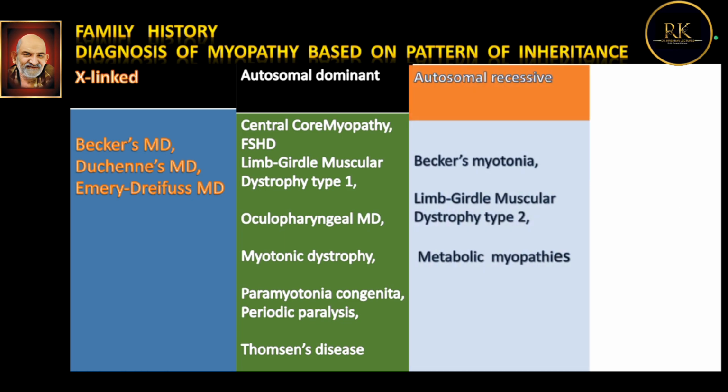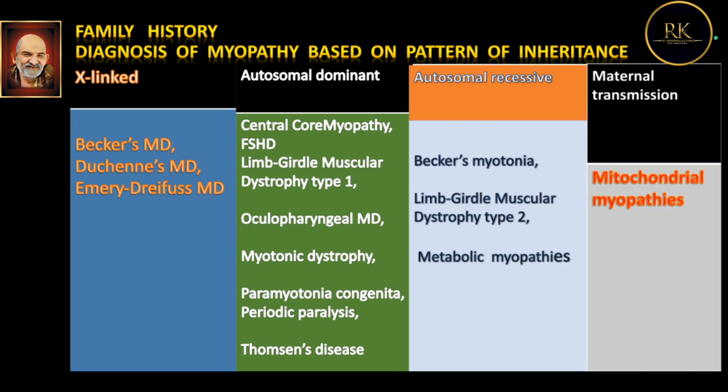Autosomal recessive disorders include Becker's myotonia, limb girdle muscular dystrophy type 2, and metabolic myopathies. Maternal inheritance in patients with myopathies is because of mitochondrial myopathies.